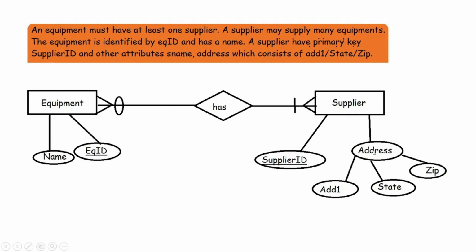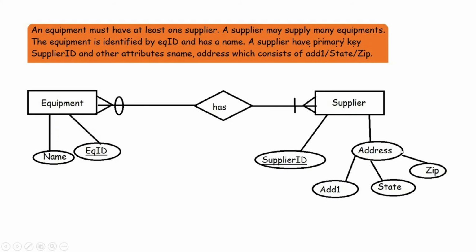Address. What do you understand by this? In my table supplier, I have 3 columns, 3 fields: add1, state, and zip. All 3 together indicate the address of that supplier. So in an ER diagram, we represent it this way.